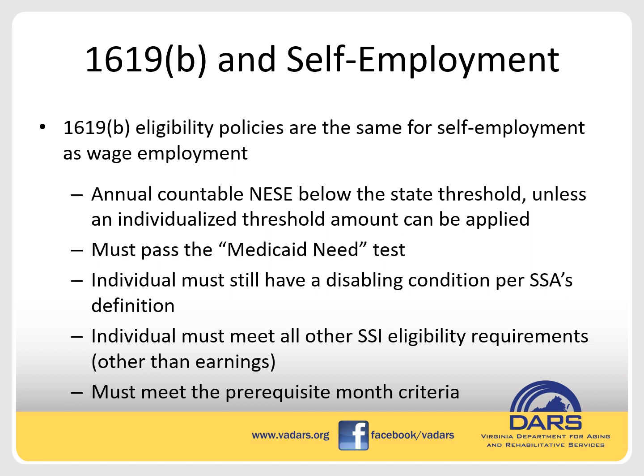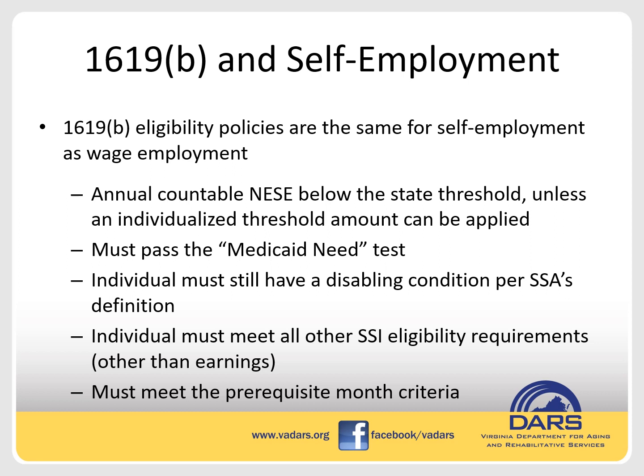The next thing I wanted to talk to you about is how Medicaid is impacted when somebody's on SSI and is self-employed. And the good news is that 1619B Medicaid is available to people who are self-employed just as it would be for somebody who was an employee working for somebody else.